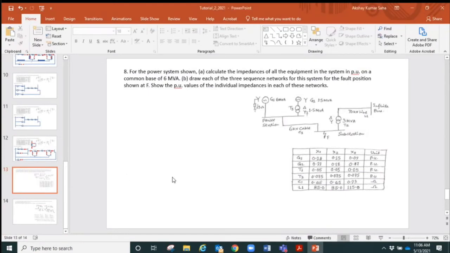You will start with generator 1, you will go to generator 2, you will go to transformer 1, you will go to the 6 kilovolt cable, you will go to the transformer T2. You will have to calculate the reactances for the 70 kilovolt overhead line.